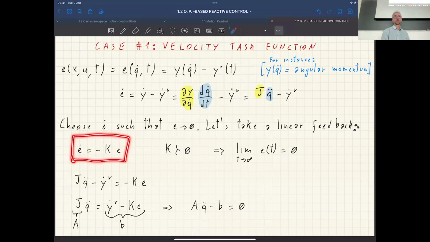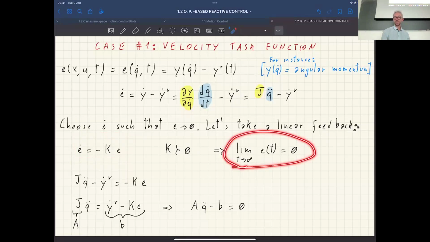It exponentially converges to 0. So we get exactly what we wanted. The limit of E for time going to infinity is going to be equal to 0.